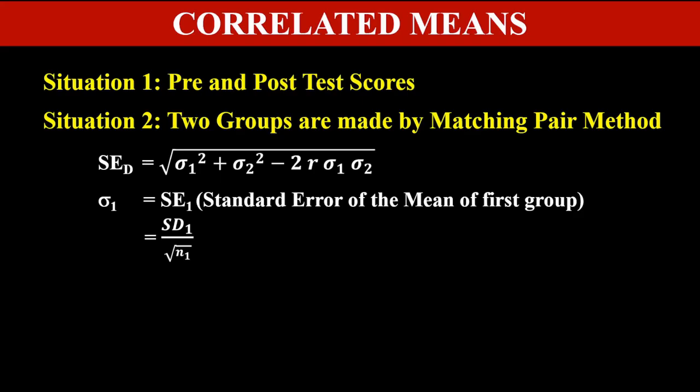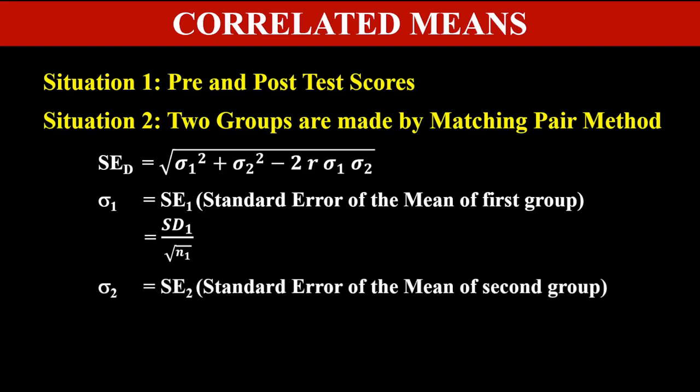SD1 is the standard deviation of the first group, N1 is the number of observations in the first group. Sigma 2 means the standard error of mean of the second group, and it is found by this formula: SD2 upon the square root of N2, where SD2 is the standard deviation of the scores of the second group, N2 is the number of observations in the second group.